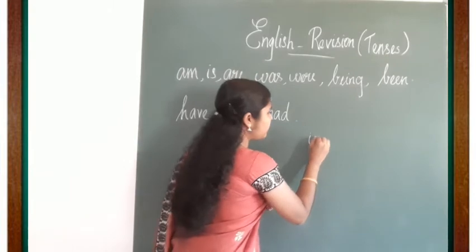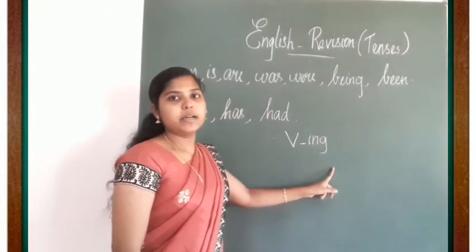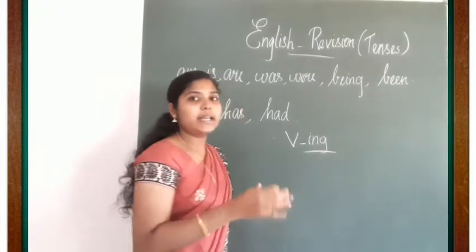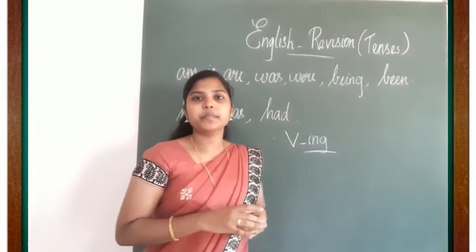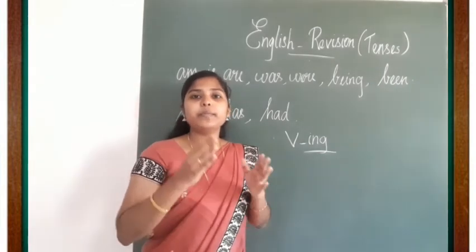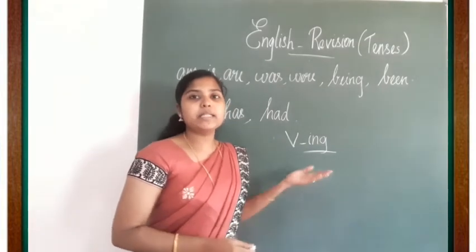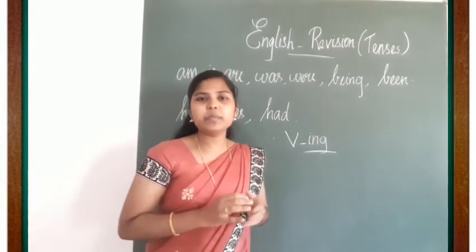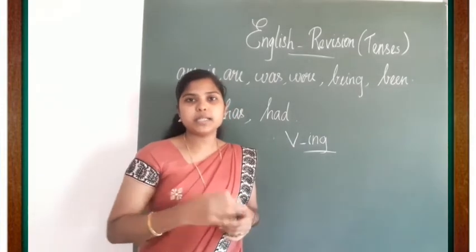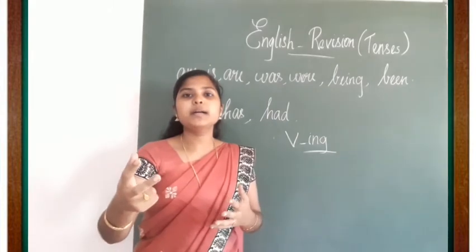How can we identify that? Verb plus ing. So, this ing is indicating that the particular action is going on. So, for present continuous or present progressive, the activity or the action is going on at the time of speaking. I am teaching or I am talking. You are listening.